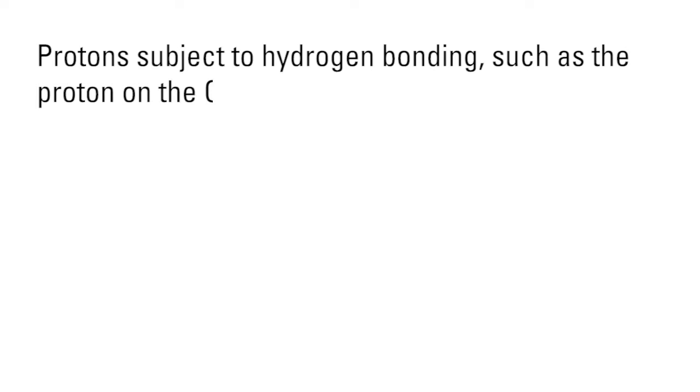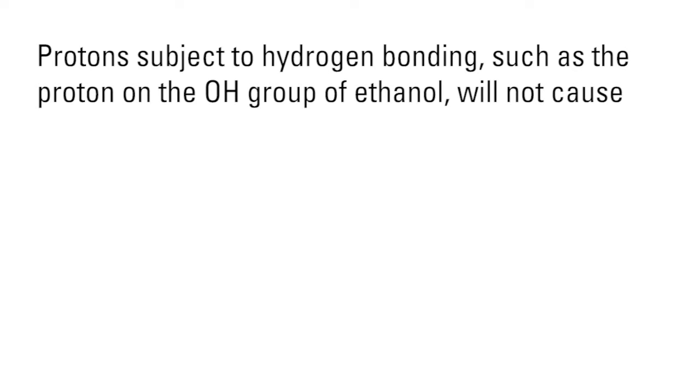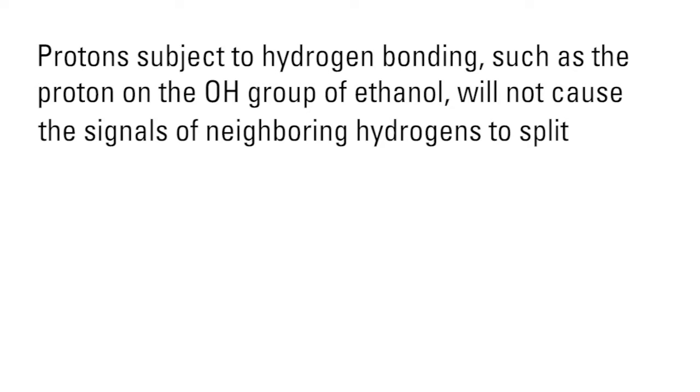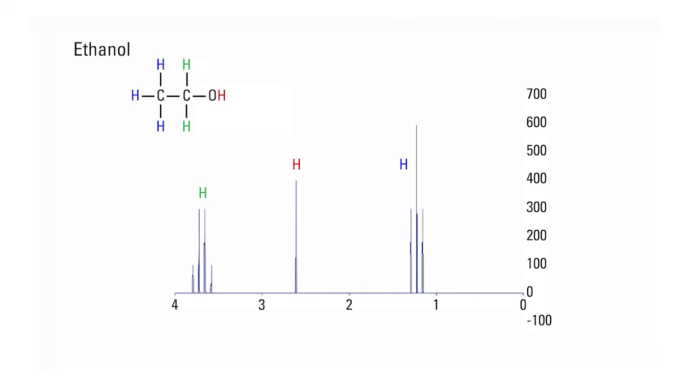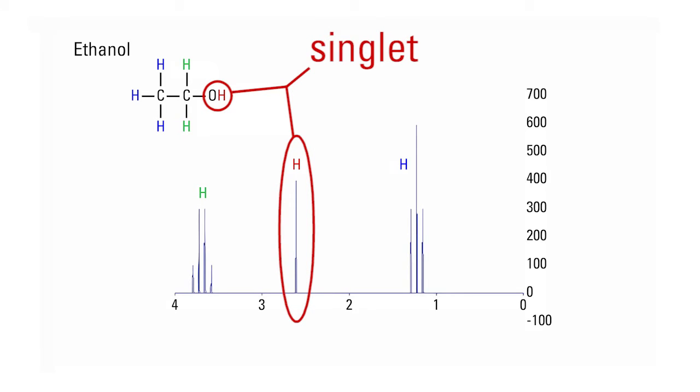Protons subject to hydrogen bonding, such as the proton on the OH group of ethanol, will not cause the signals of neighboring hydrogens to split. For that reason, in our spectrum, we observe the following splitting pattern. Our spectrum has a singlet around 2.7 ppm. This corresponds to the OH hydrogen.